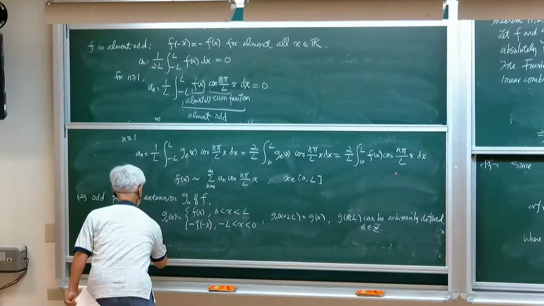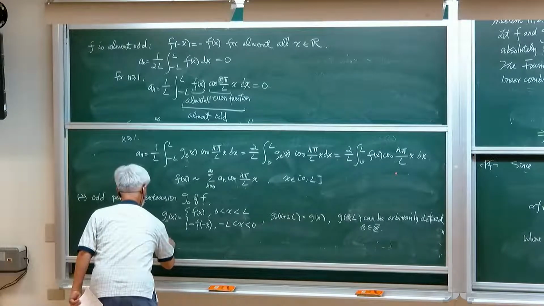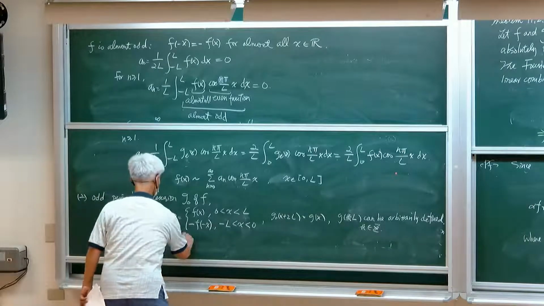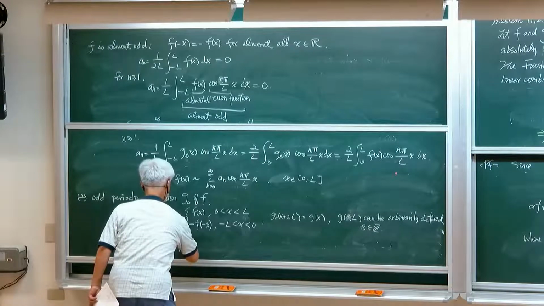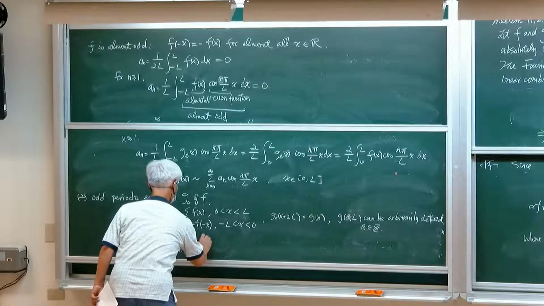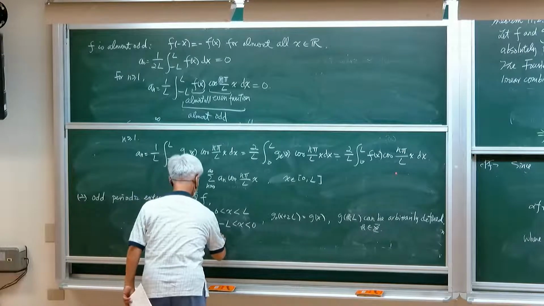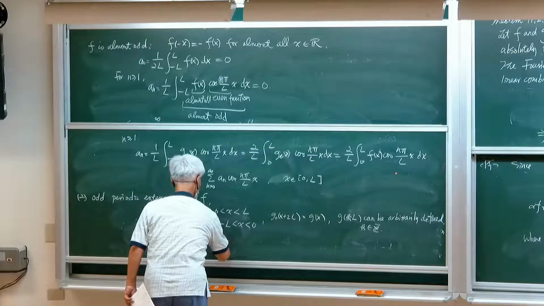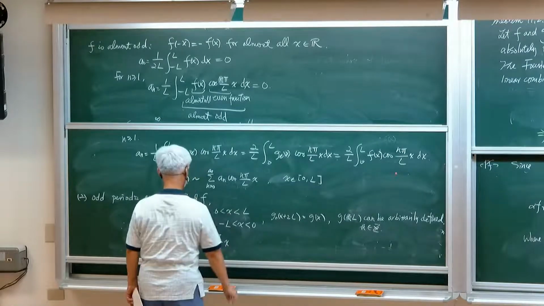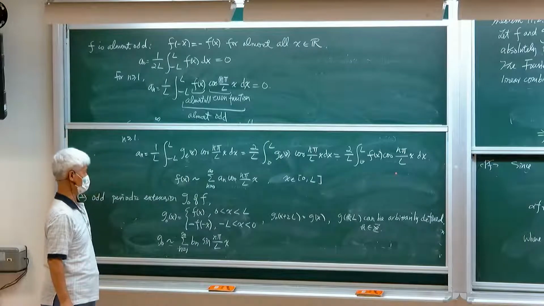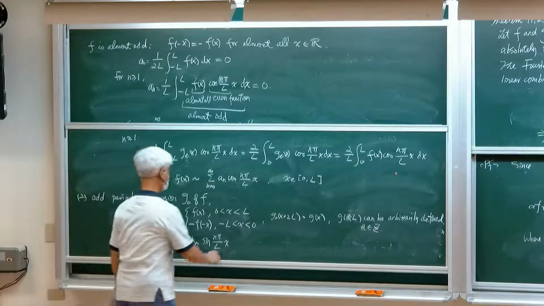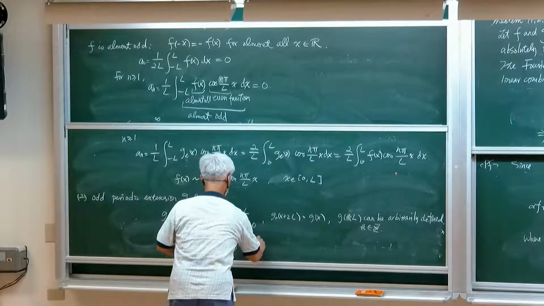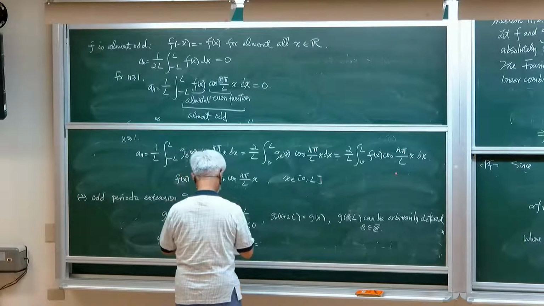All right, and so that g_o goes to the sum of b_n sine n pi over L x, with b_n equal to, let me write it down.